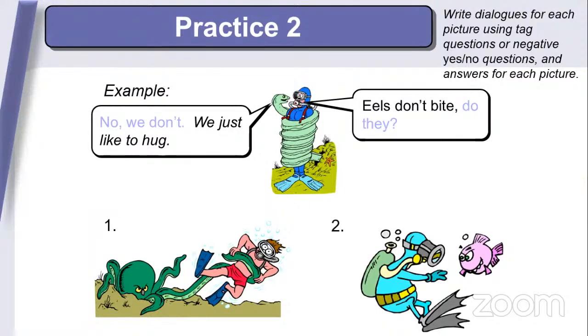For example, the octopus. The octopus doesn't hurt, maybe, right? Doesn't hurt. Or isn't it?